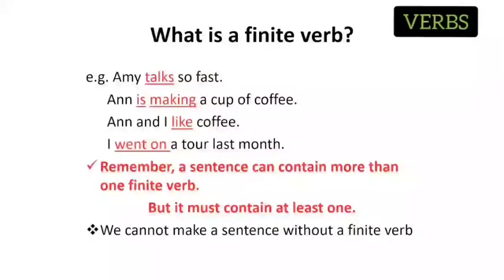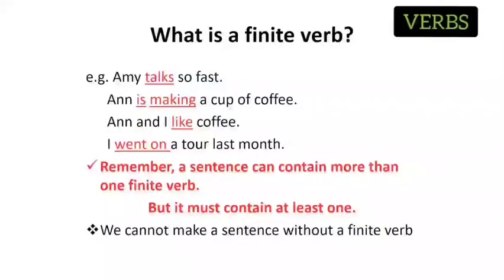First one, you see, Amy talks so fast and is making a cup of coffee, and I like coffee. I went on a tour last month. So you can see the sentence contains more than one finite verb, but it must contain at least one finite verb.